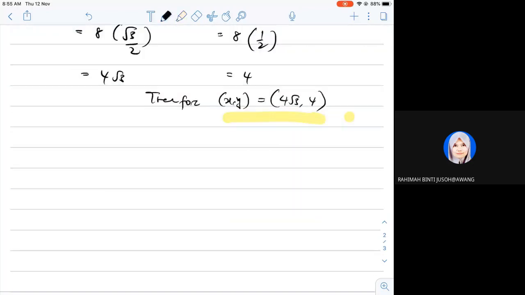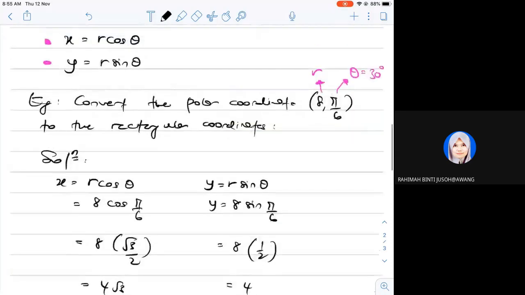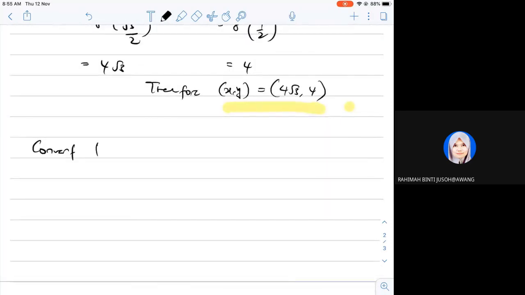So next, convert the rectangular coordinates to polar coordinates.